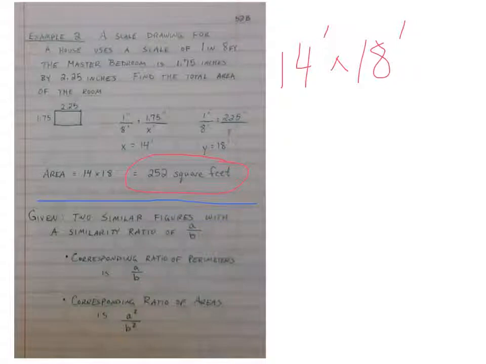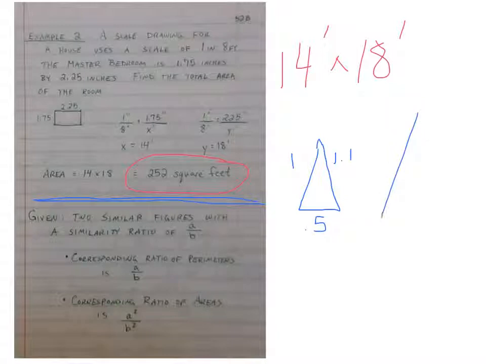Moving on to the next part of the skill test, we're given two similar figures with a similarity ratio of A to B. So if I have this triangle which has sides 1, 1.1, and we'll say 0.5, and a similar triangle that is slightly bigger, we'll say it's double the size, so 2, 2.2, and the side is 1.